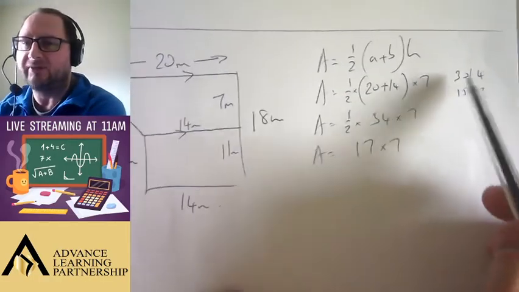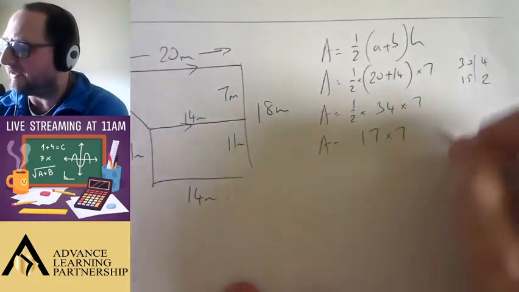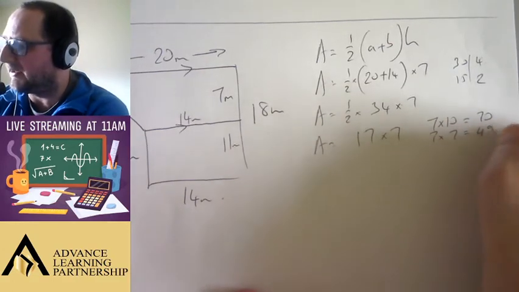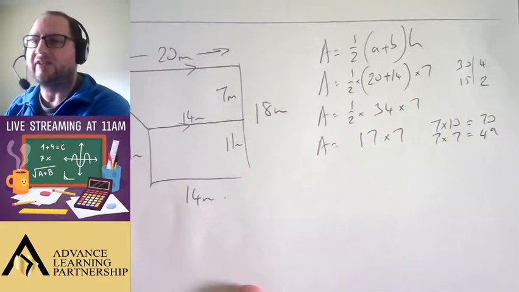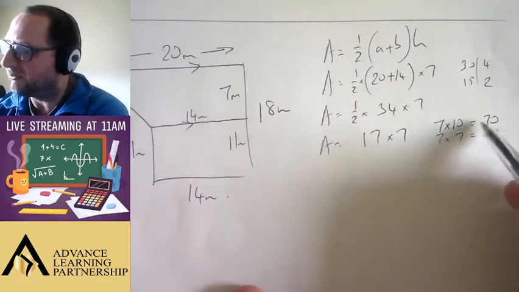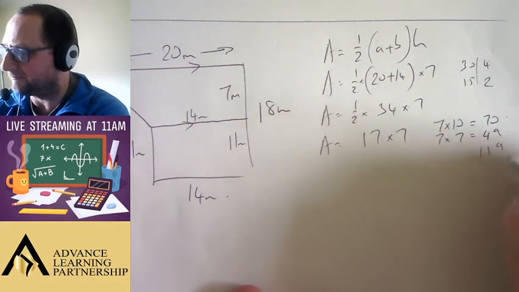So 7 times 17. With a little bit of partitioning, you can see 7 tens are 70 and 7 sevens are 49. Adding that on, you can see 30 would make the 100, so that'll give us 9. That gives us 11.